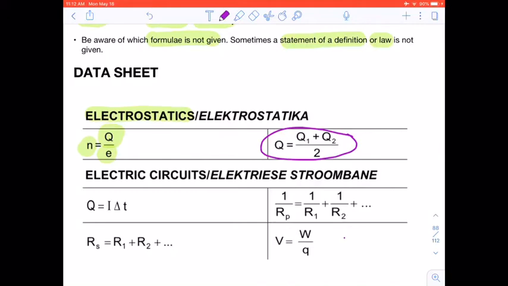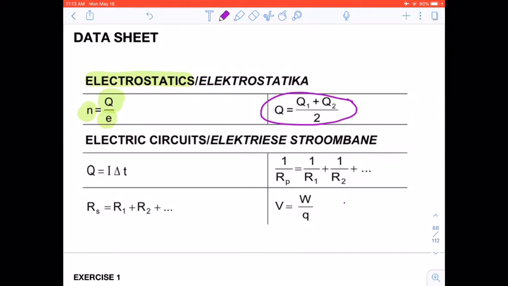If the objects are not spherical and the shapes are not the same, we cannot just use this formula. We may use it to approximate what the charge would be after distribution, but as long as you know the limits under which this particular formula can be used, that's an important aspect of learning the context of a particular formula.